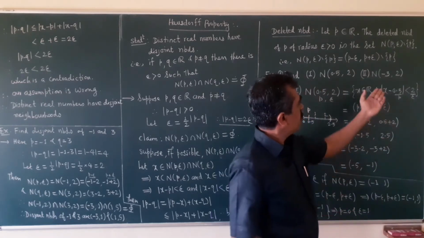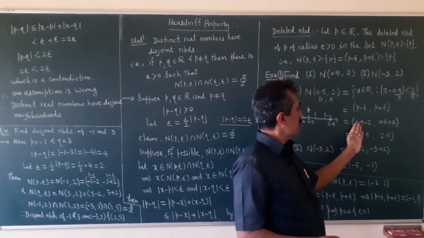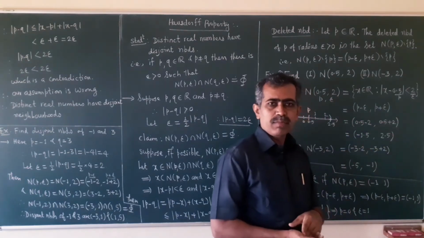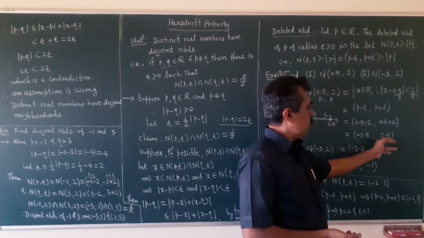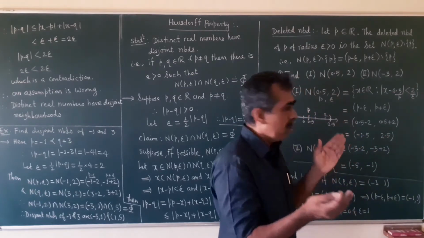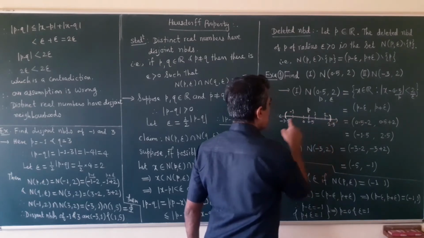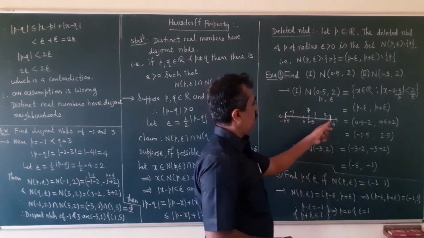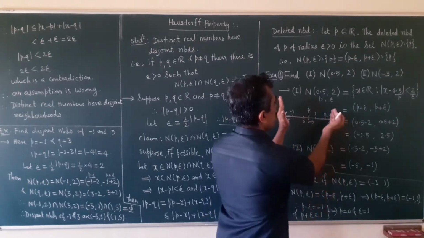A simple way, no need to do all these calculations and write the mod: just consider p minus epsilon, p plus epsilon. So this is nothing but minus 1.5 and 2.5, the open interval minus 1.5 and 2.5. So this is the neighborhood of this interval.